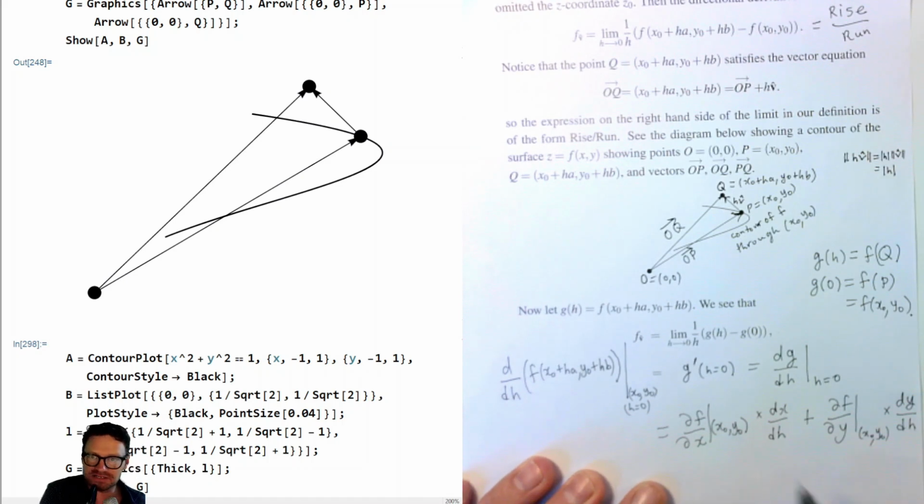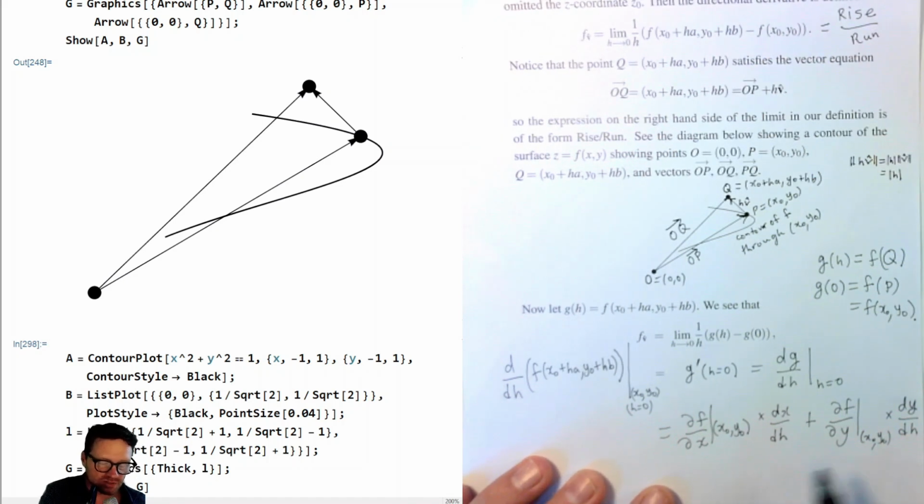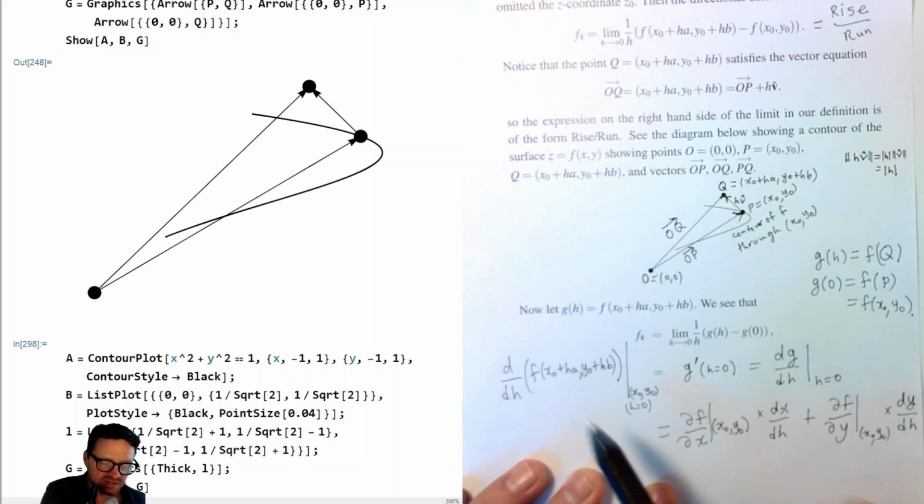All right, and so this is the chain rule for partial derivatives when the inputs are also functions of another letter, in this case h.